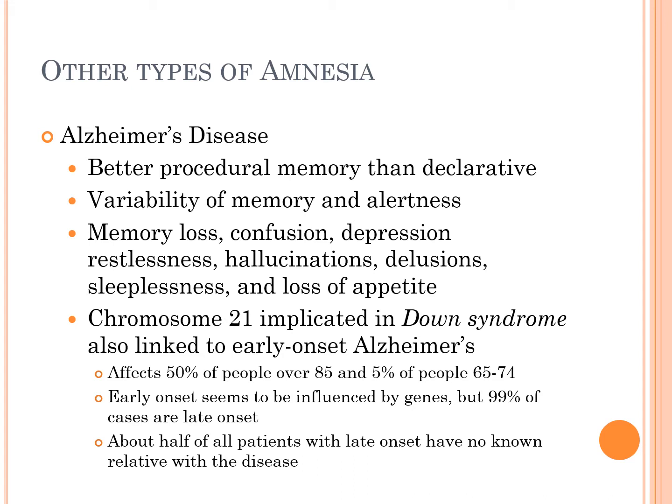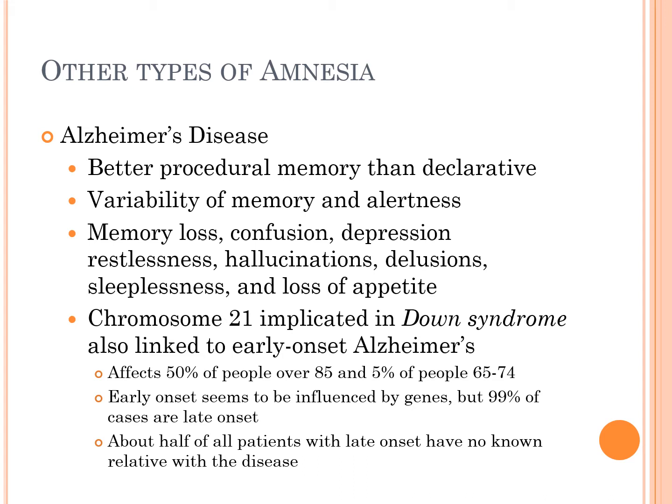Alzheimer's affects 50% of the people over 85 years old and 5% of the people 65 to 74. And as we have this aging population, we're going to see more and more Alzheimer's.